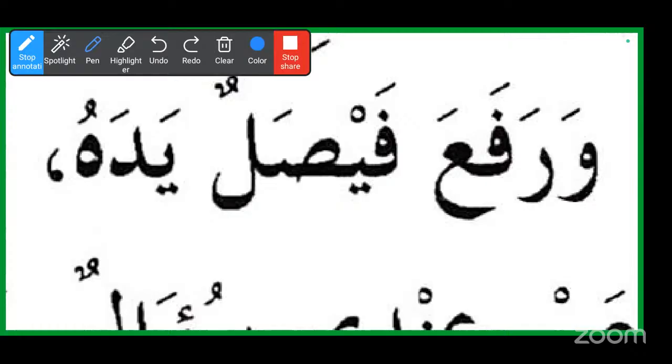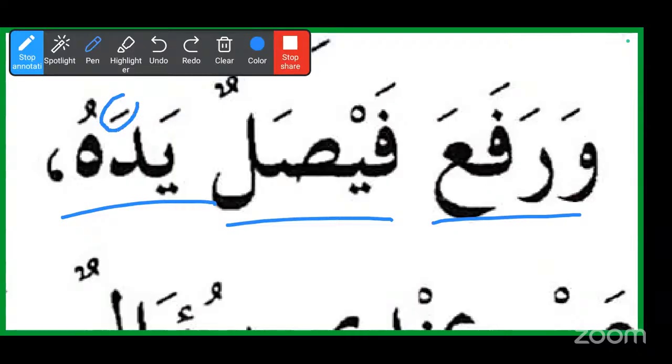ورفع فيصل, and Faisal raised yadahu, his hand. This is the nasab, okay? This is the mansoob. Yadahu, his hand. Yani mudaf mudafun ilayh. Yadahu, what is yadahu? It is mudaf mudafun ilayh. Where is the mark for the object? The mark for the object is right here.